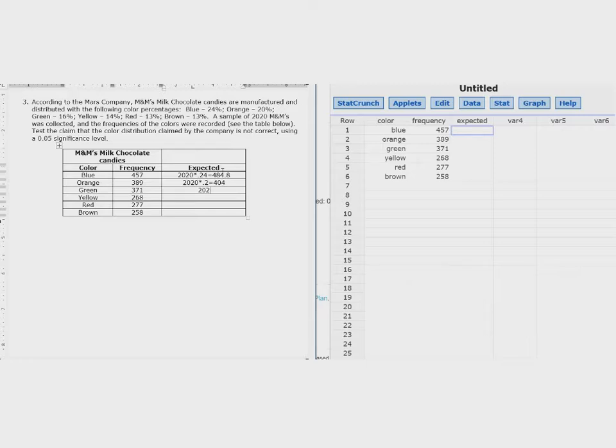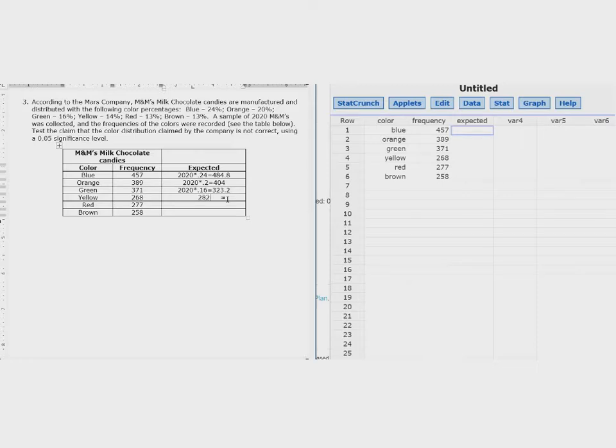For the green, it was 16%. So that's going to give me 323.2. And when you're doing these, don't round the numbers unless it's something that's repeating a lot. But in that case, take it out to several decimal places. Okay, and then for the yellow, we're going to have 2020 times 0.14.